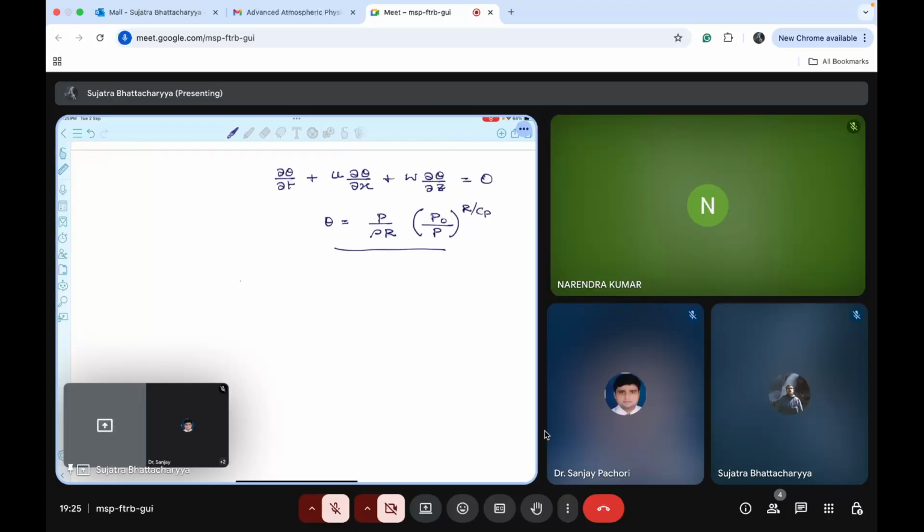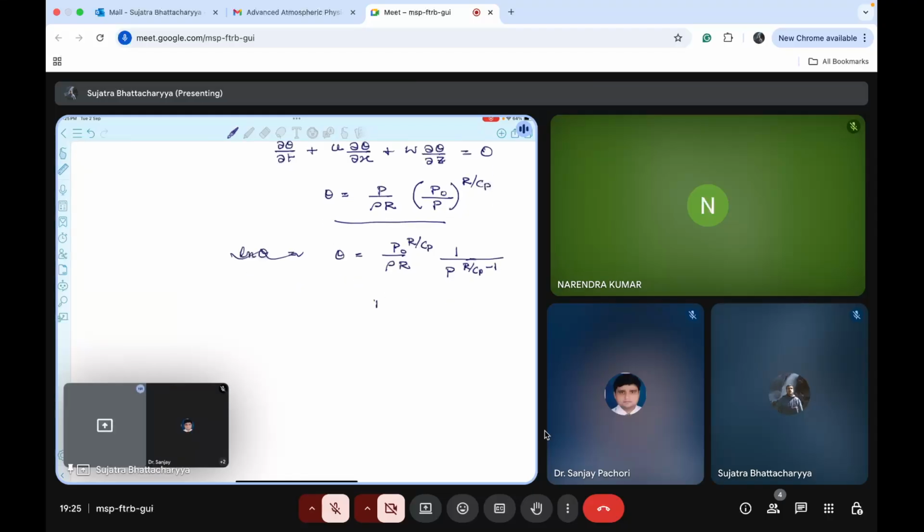Okay, take again log of theta, so it becomes, just a minute, let me write this expression properly. So theta is equal to 1 by rho R, and this will be P naught to the R by Cp, and you have 1 upon P to the R by Cp minus 1.